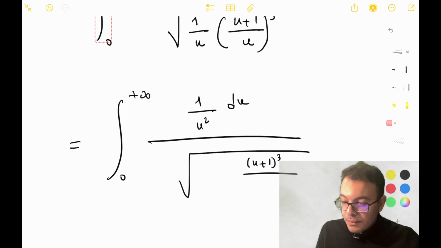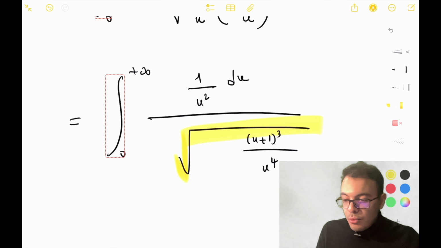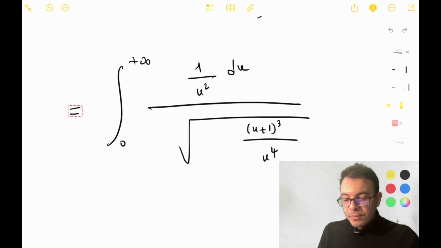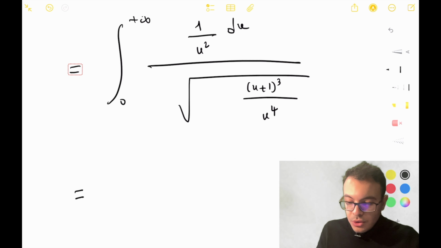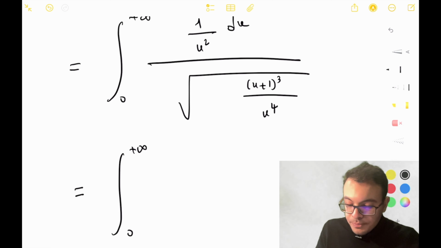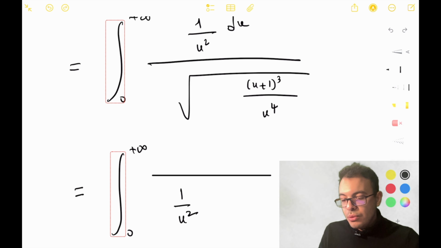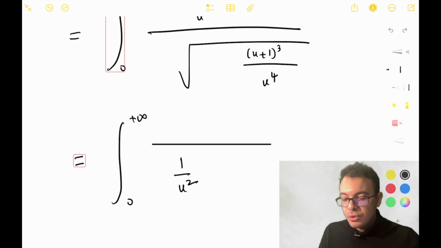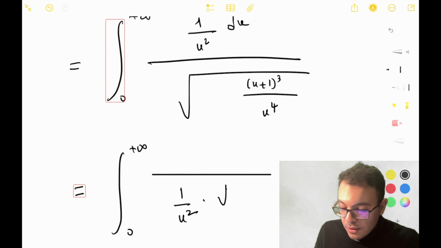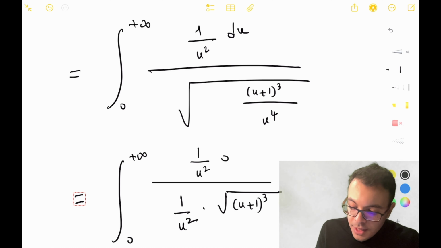So u to the fourth power here, and the square root here is going to change the expression below. So here 1 over u squared, because the square root of u to the fourth power is u squared, and here we have the square root of (u plus 1) to the third power, 1 over u squared du.